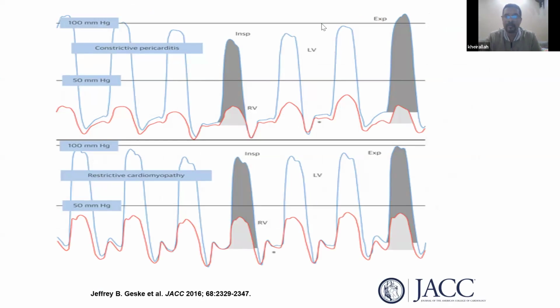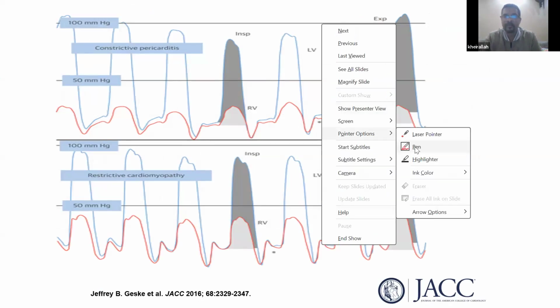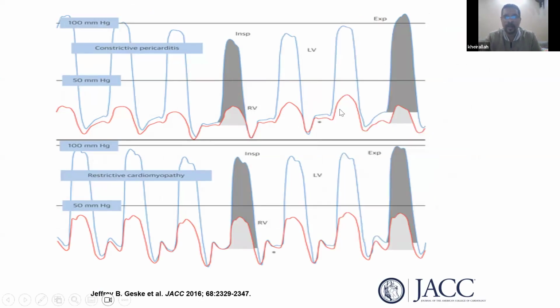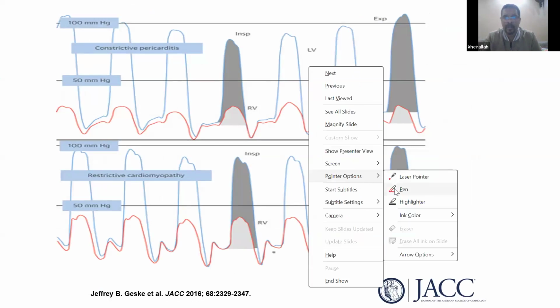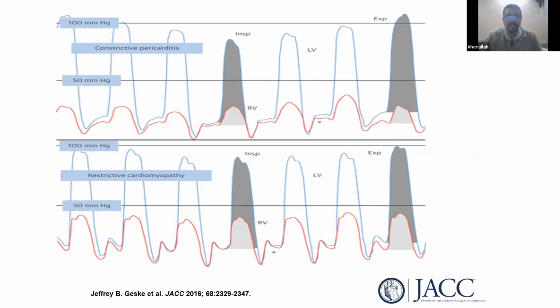Again, look here. Sorry, I'm going to get the pen again. In constriction, during inspiration in particular, RV pressure increases and the LV pressure decreases, while during expiration the LV pressure increases and the RV pressure decreases.